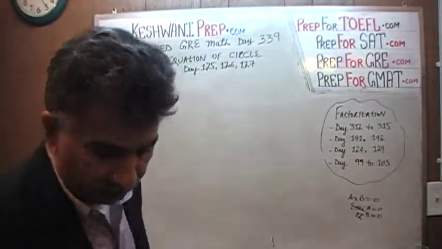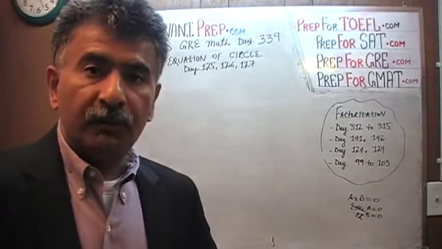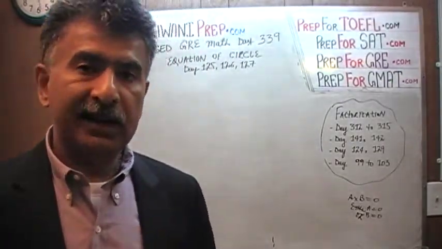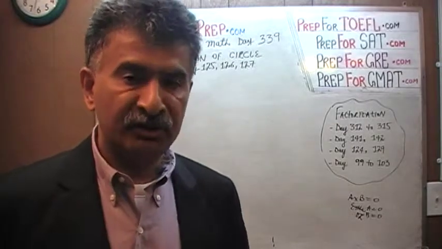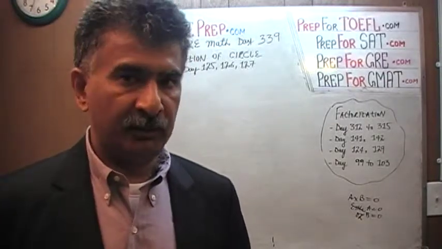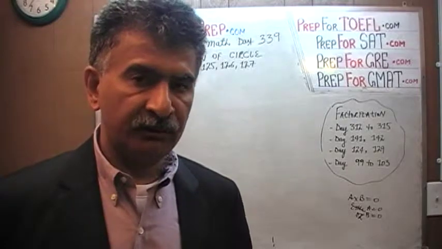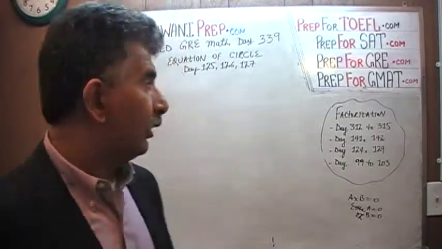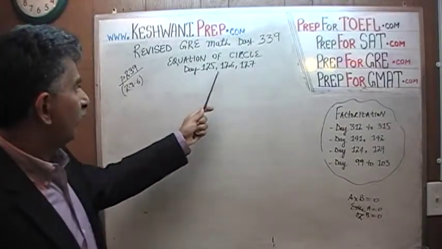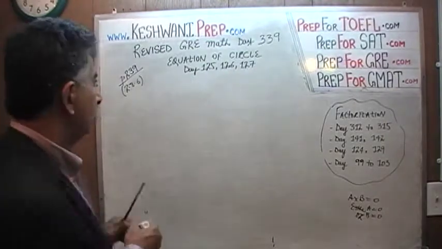Now, here's what's going on with a circle. If you're interested in learning the concept of circle, the equation of circles, the derivation of the equations, where it comes from, if you want to have a sound foundation in it, then you need to watch day number 125, 126 and 127.